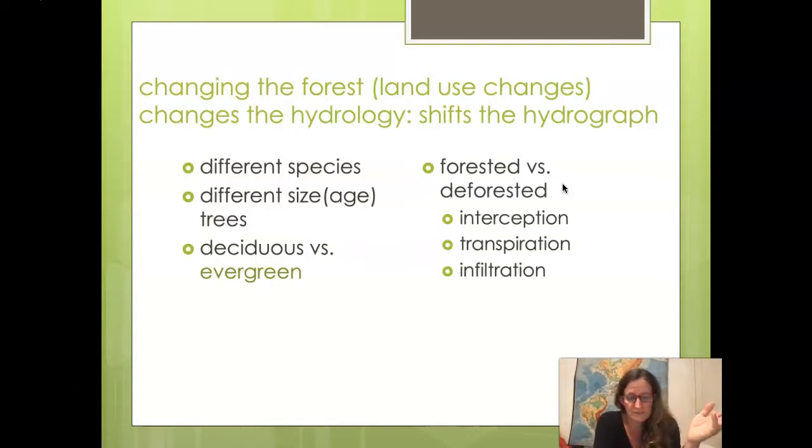Different species are going to transpire different amounts. Different size plants, which is usually related to the age of the plant. A deciduous tree versus an evergreen tree. Forested versus deforested. And remember, with forested versus deforested, there's interception, there's transpiration, and also infiltration of water into the ground.